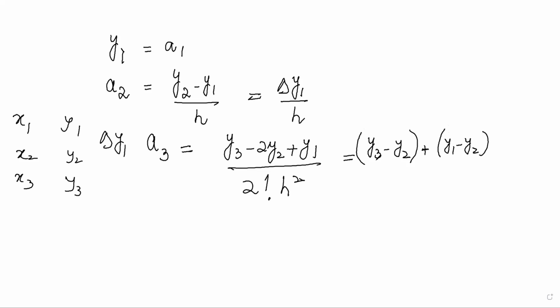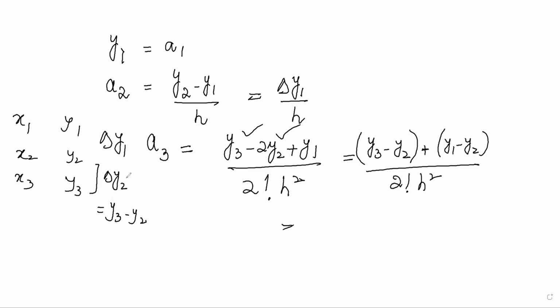Because this is y3, and twice y2 minus y2 minus y2 is minus 2y2, and you have plus y1, divided by 2 factorial into h square. If you look at y3 minus y2, that is the first difference. This is delta y2 equal to y3 minus y2. Then when we take the second difference, it will be delta y2 minus delta y1, that is y3 minus y2 minus y2 minus y1.